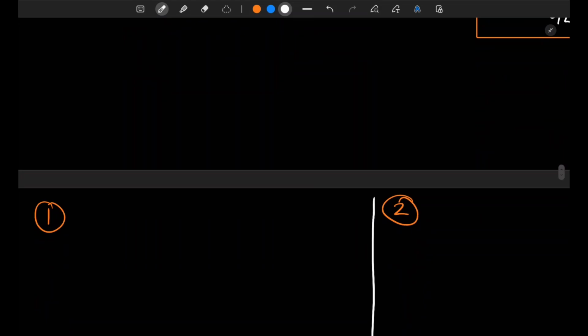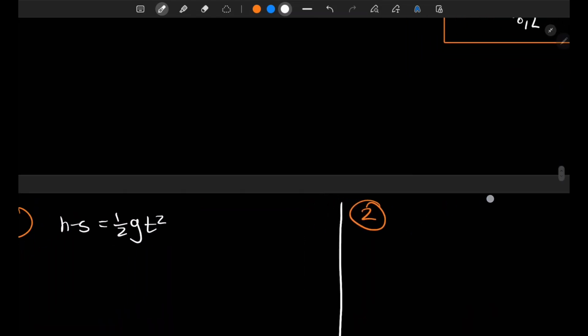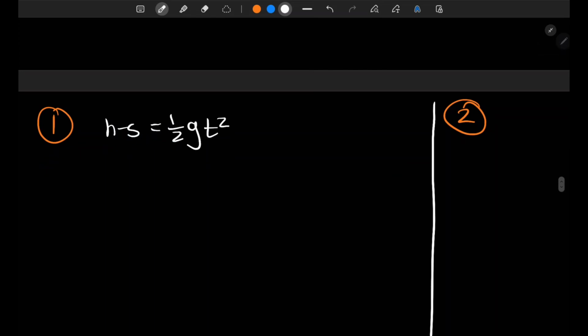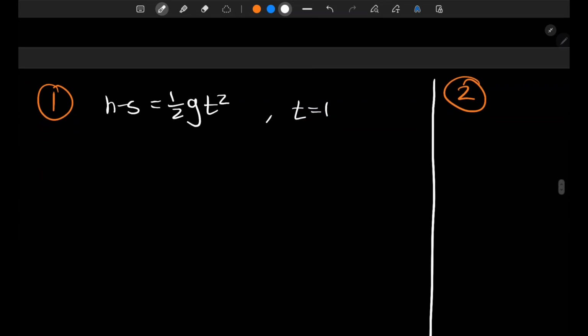So here, equation 1 is h minus s is equal to 1/2 gt squared. At this position, where they meet, t is equal to 1, right? So h, we know, is 19.6, and then we get minus s, because we don't know what s is yet. And then this is equal to 1/2 times g times 1 squared.